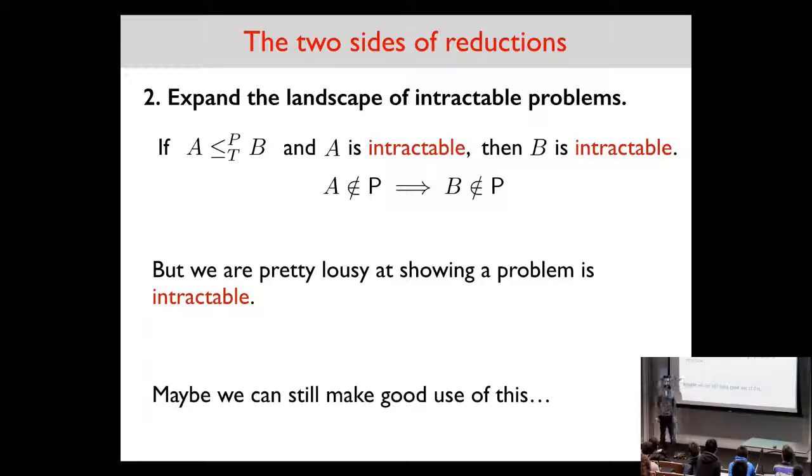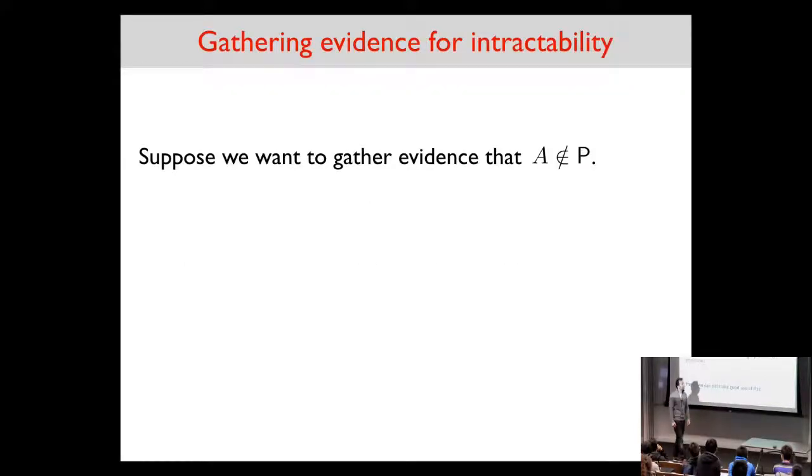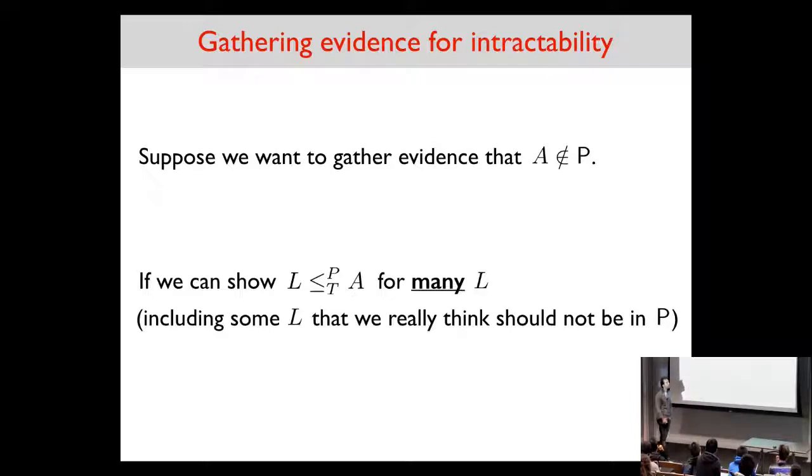And we're going to see now how we can make use of this side, even though we cannot prove that something is not in P. So going back to our goal, we want to show, let's say, that SAT or TSP are not in P. So we want to find evidence that some problem A is not in P. Suppose we can show that L reduces to A for many, many L. I can find a whole bunch of problems L that actually reduce to A, and hopefully including some L that we really think should not be in P.